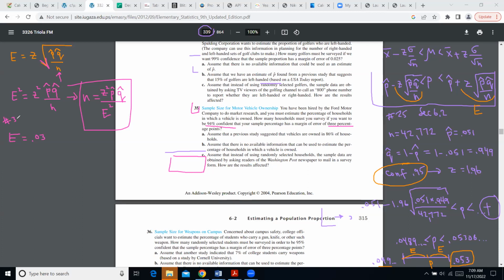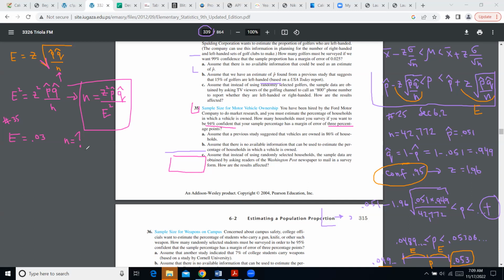So the question is, what is the sample size you need to survey? Notice that it's probably expensive for people to do a survey because they need to pay salary to surveyors and so on.